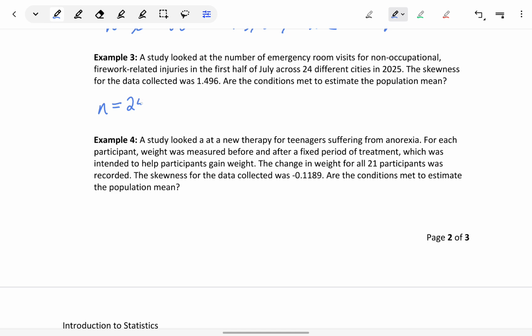In this case, our sample size is only the 24 different cities. That's less than 25, so our sample size is small. That means we have to look at skewness, which in this case is 1.496, meaning we have to say that no, the conditions are not met because the sample is small and the data is highly skewed.